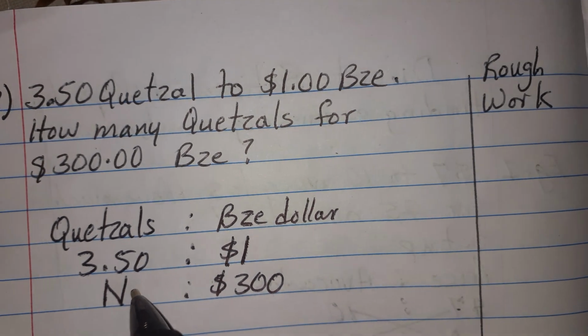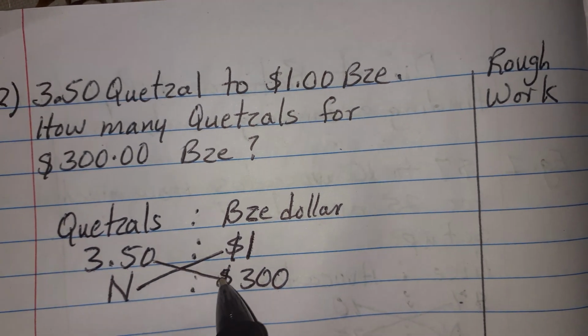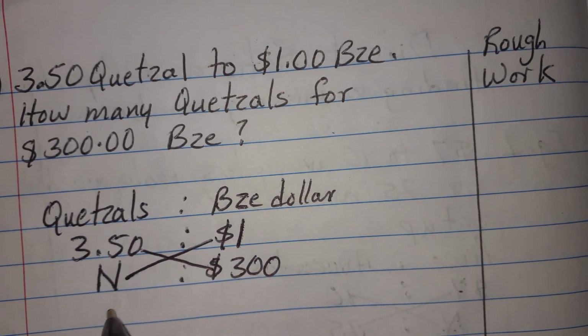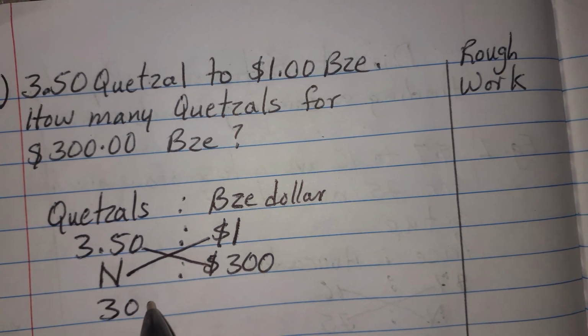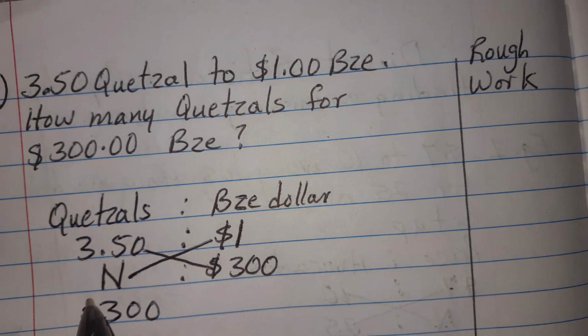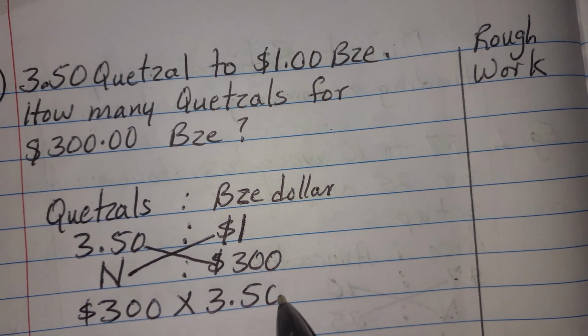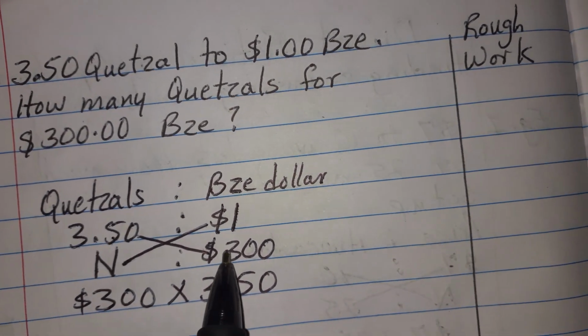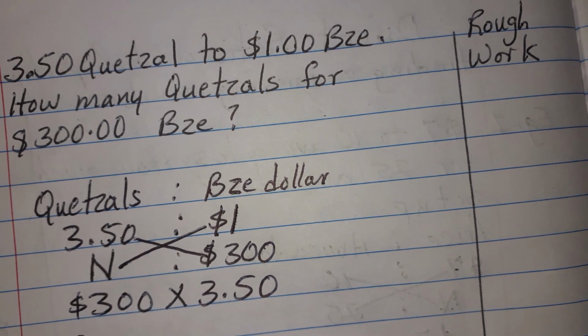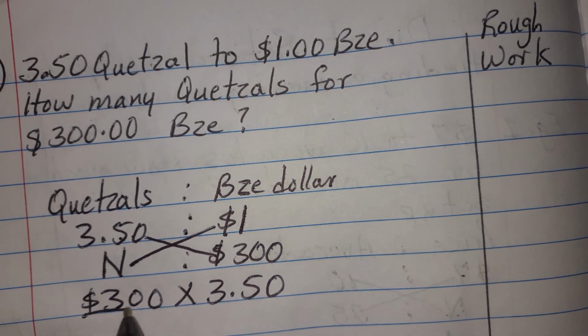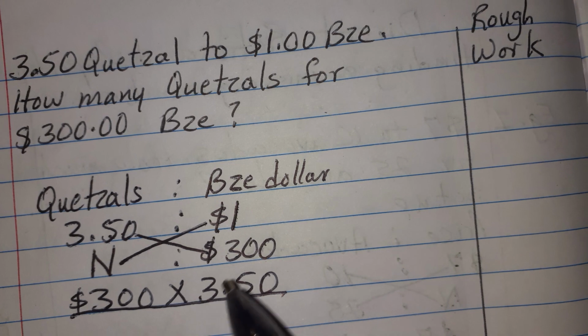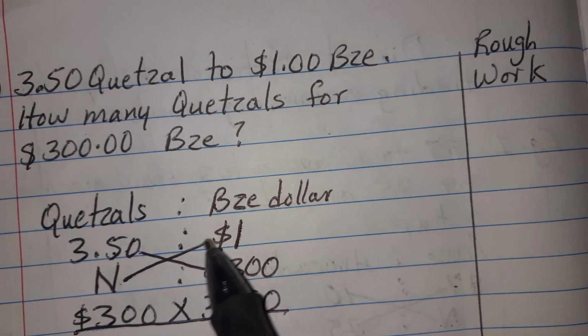Our second step now is we cross multiply. So we will say $300 times 350 quetzal. We multiply the two numbers that match together. Okay, and we divide by the number that matches the letter.